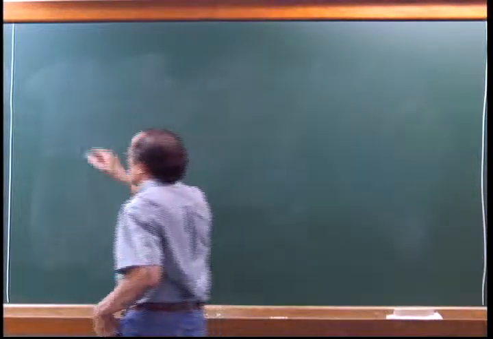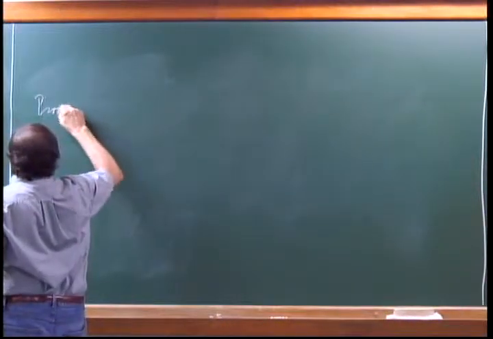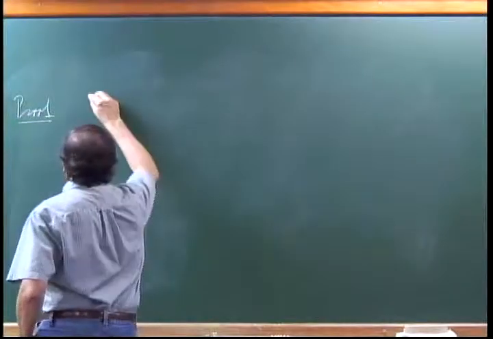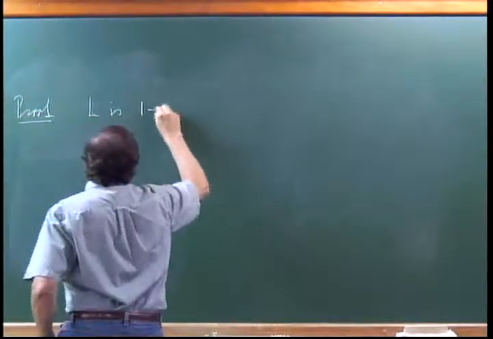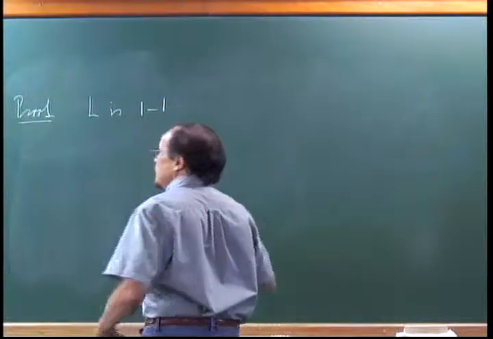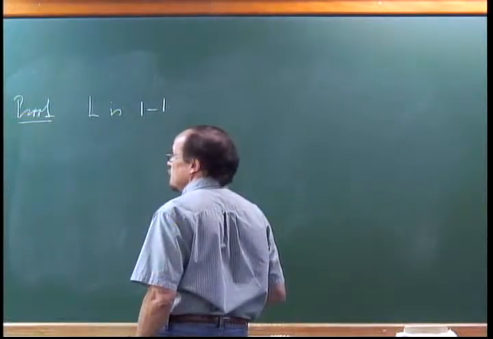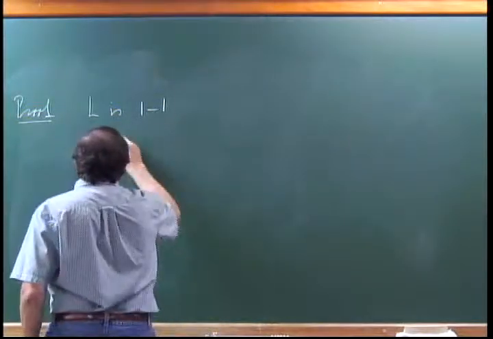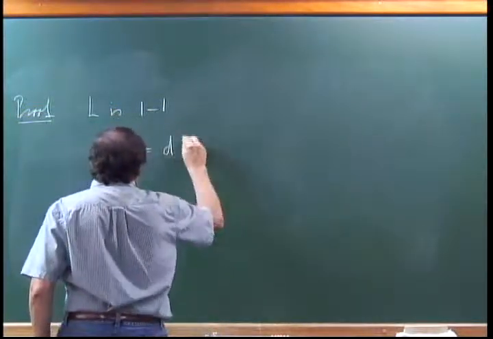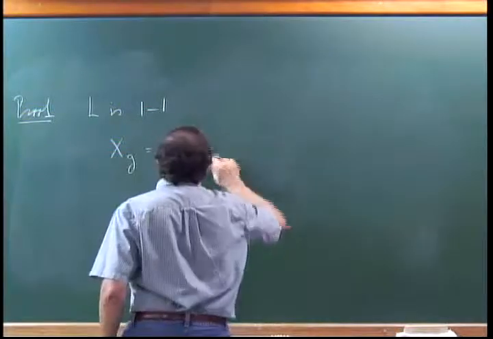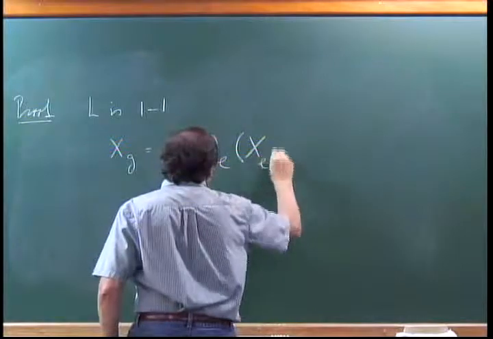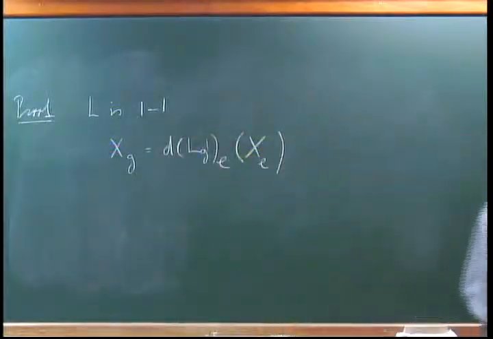The result is almost obvious. Well, certainly L is one-to-one, clearly. What is X at a point G? It is the derivative of LG at the identity applied to X at the identity.